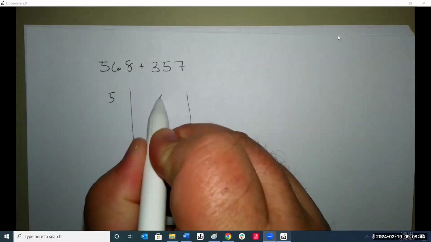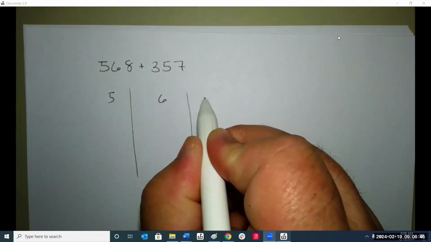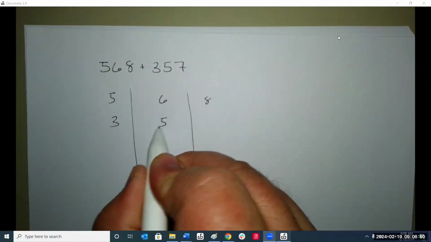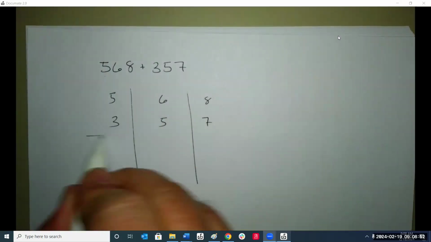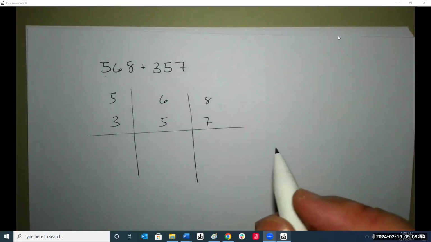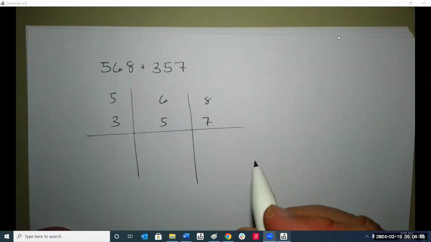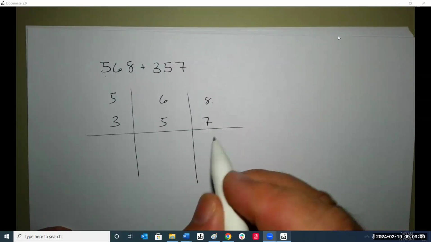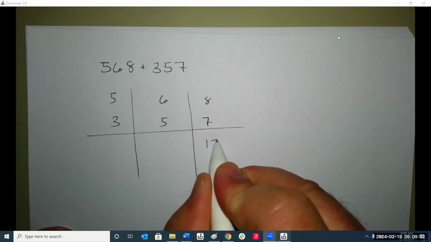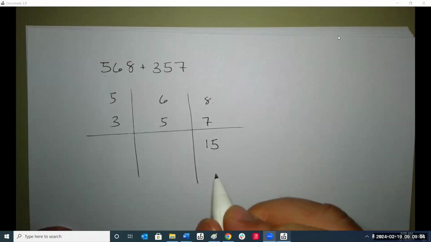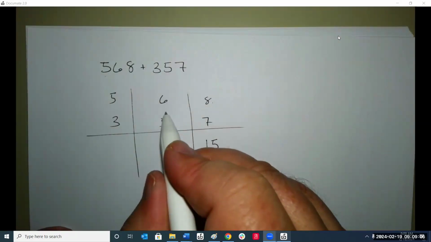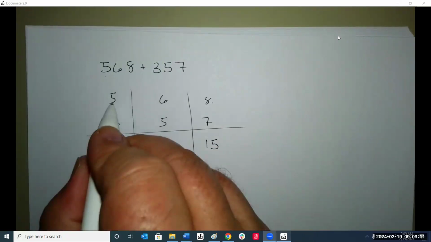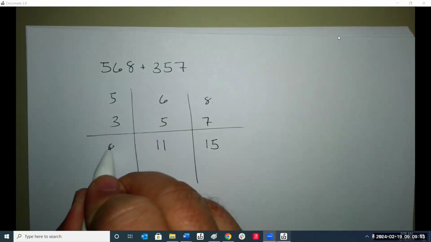5, 6, 8. That's our first number. 3, 5, 7. Oh, 8 plus 7 is 15. 6 plus 5 is 11. 5 plus 3 is 8.